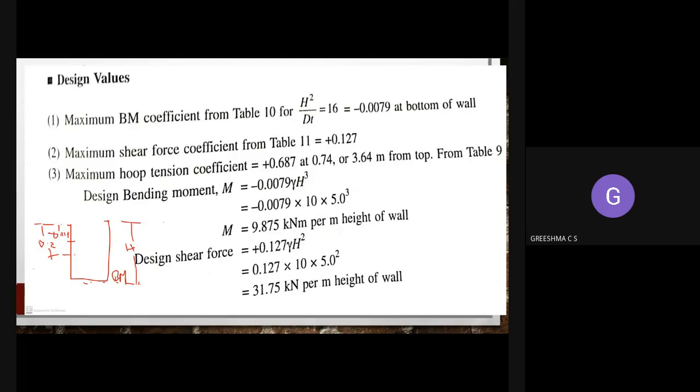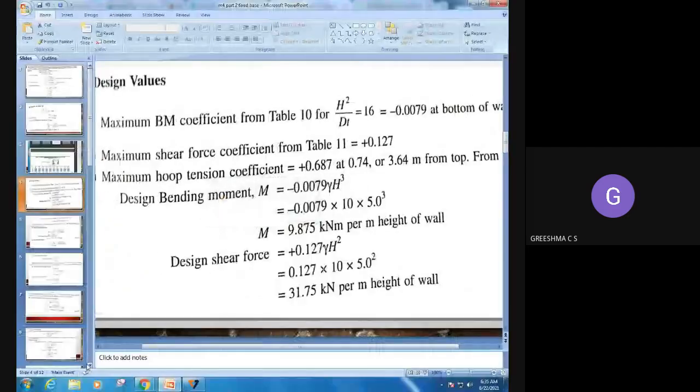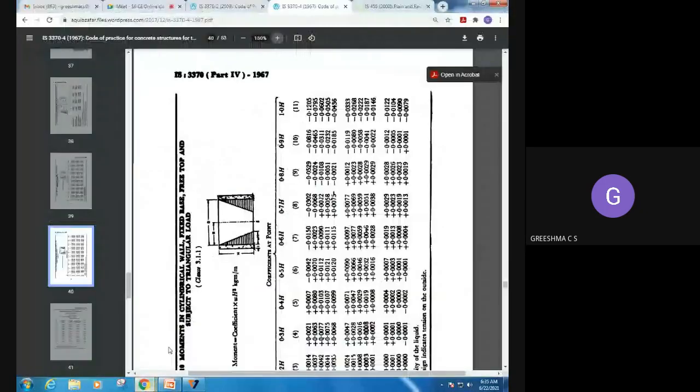Okay, so the maximum moment occurs at the bottom, so you have to take the maximum bending moment coefficient occurring at the bottom of the tank. For that, take the IS code again.